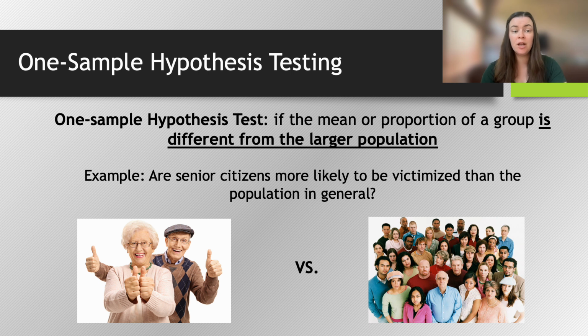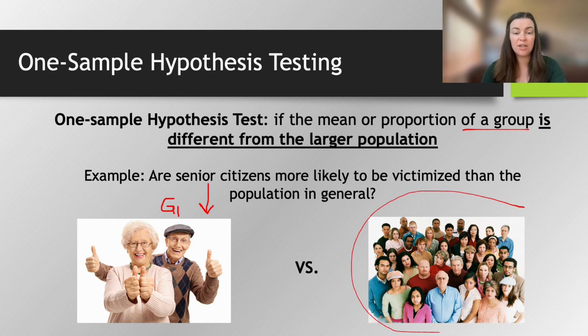So just to reiterate, one sample hypothesis testing is if a mean or proportion of a group is different from a larger population. And so within a criminological context, we could think of this in terms of a research question of, are senior citizens more likely to be victimized than the population in general? So our group, or group one in this case, is senior citizens, right? We are only concerned with this particular group and sample of population. We are comparing that, though, to everybody else, or the entire population.